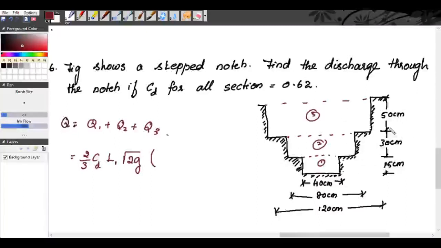So we have to add 50, 60, 70, 80, 95, right? So this is 95 centimeter. This is 80 centimeter. So converting it into meter, we get 0.95 and 0.8. Okay, 0.95 and 0.8.